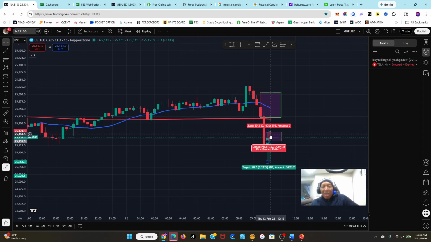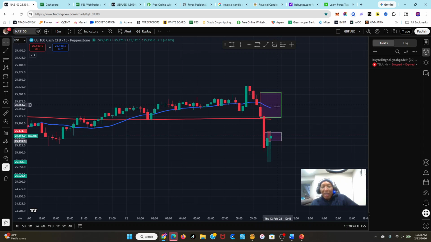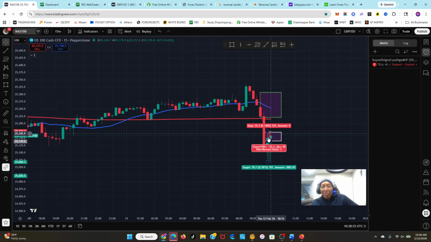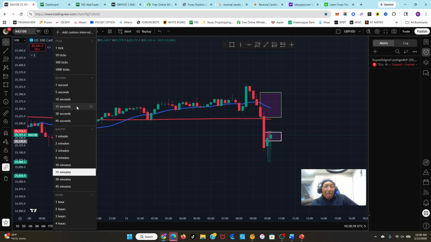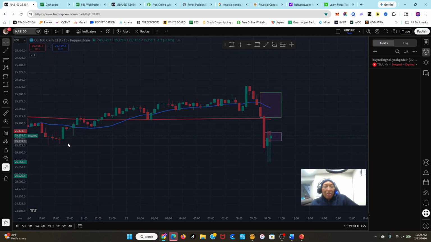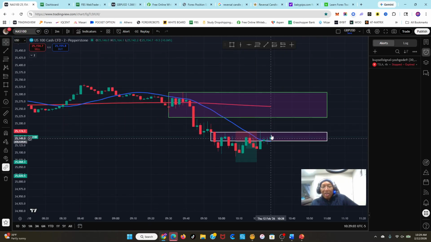They're going to decide whether we go back and reclaim these positions up here, or if we're going to continue going down. So let's see what type of candle follows this one here. But for now, we are stuck looking at what is going on here. You can see nothing much going on.